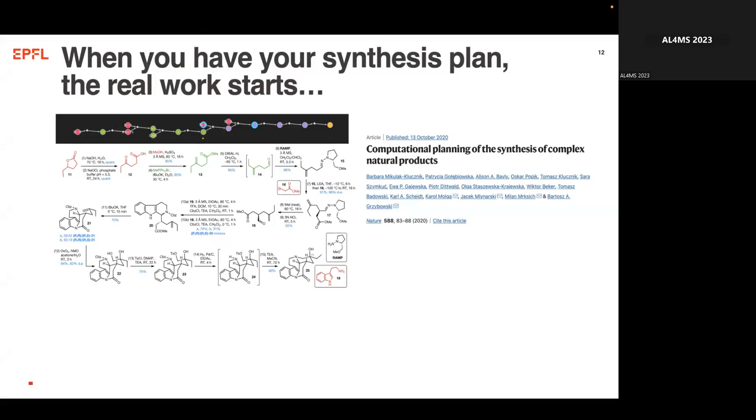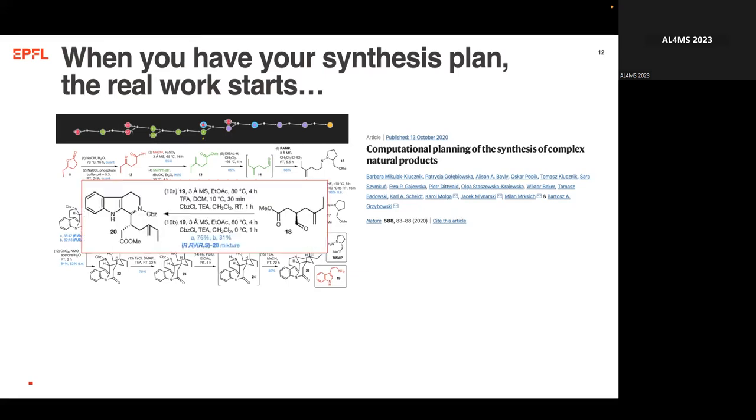But today's talk is not really about synthesis planning, but it's about the hard work that starts after you have the synthesis plan. There are also tons of other AI-driven synthesis planning tools, and here I'm just highlighting one of the synthesis routes to a complex natural product that was published in this work by Kubowski et al.